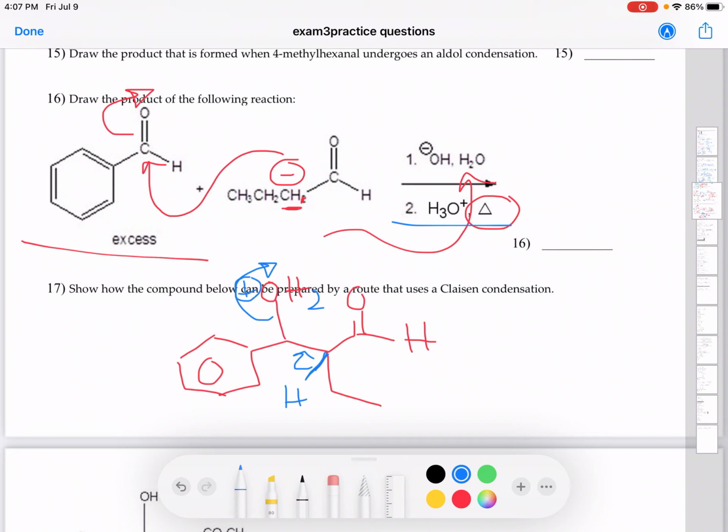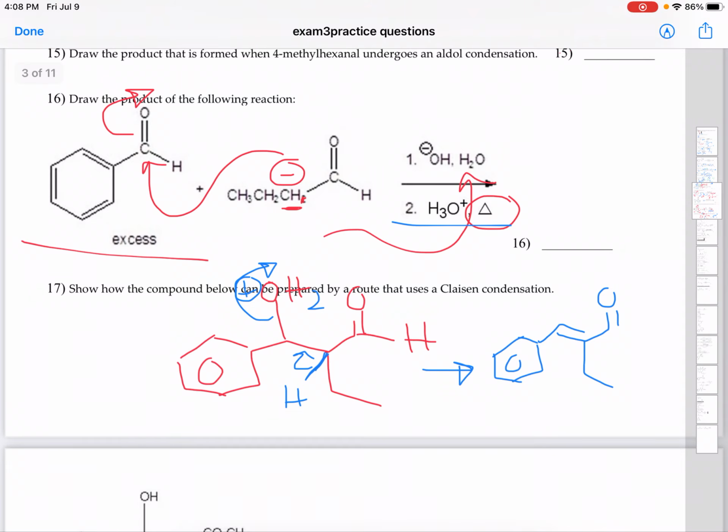Then the hydrogen will be removed from the neighboring carbon, the alpha hydrogen, and form an alpha beta unsaturated product, like this. Oh, I think I skipped 15, didn't I? I'll go back. So this is 16. Okay, so that's the product for that.